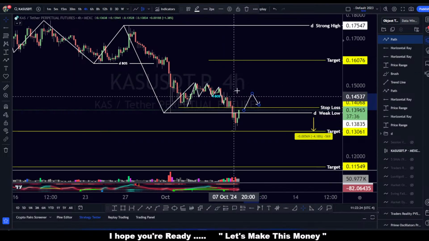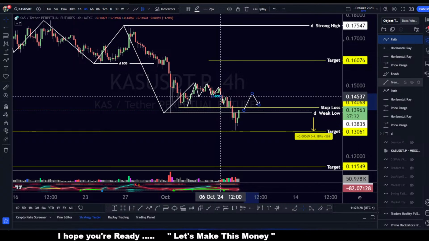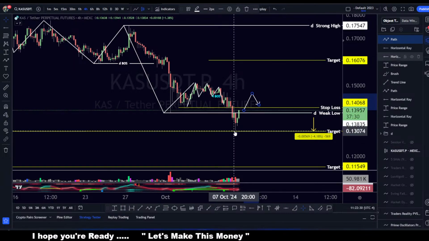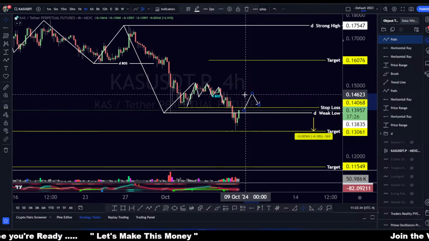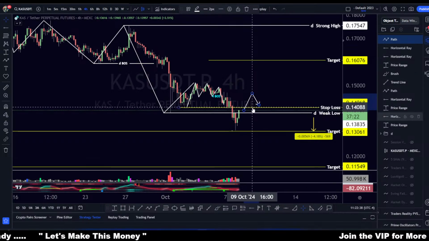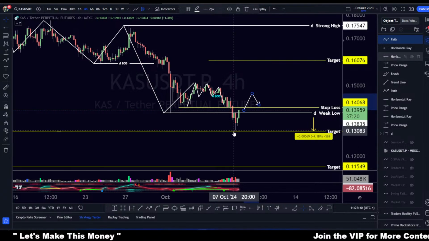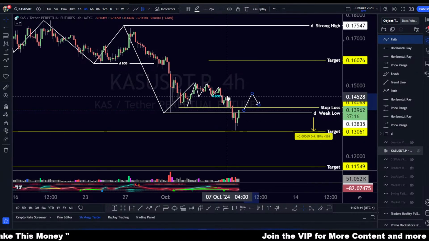And most of the time they do come up. After a break of structure, they do come up. So it's just waiting for the initial move, then waiting for the retracement. Then once it starts curving, then we can enter the trade and then add to our entry once it breaks this level, in my opinion. But yeah, I'm waiting on this one.